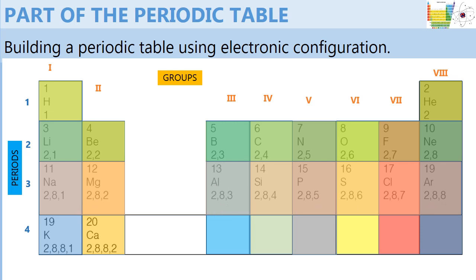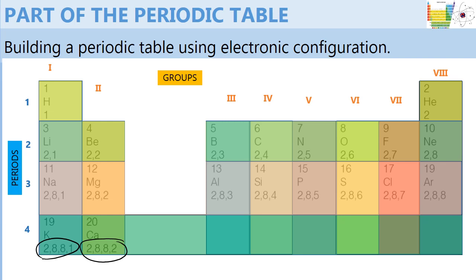When we move to period 4, which contains potassium and calcium plus other members that are above element number 20, they have 4 energy levels, as you can see. So the number of the period represents the number of energy levels.